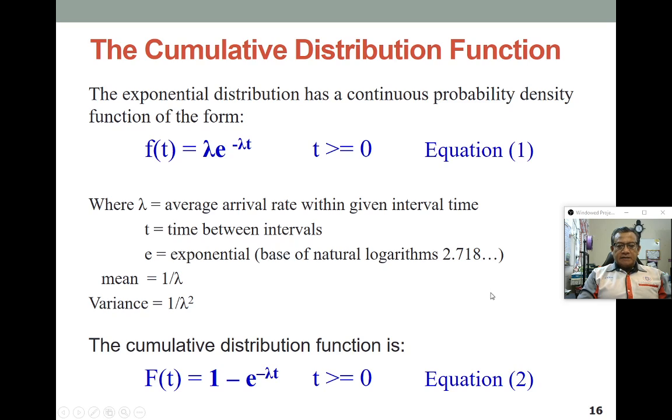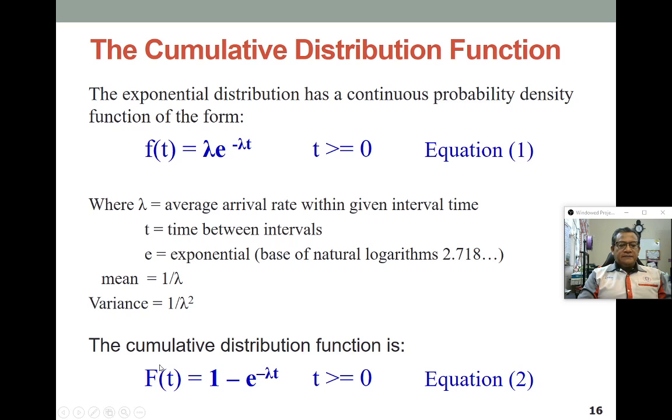Hello, back there again. This is where we left off, on slide number 16, the cumulative distribution function of the waiting line scenario. So how to calculate the cumulative distribution function for time more than 1?